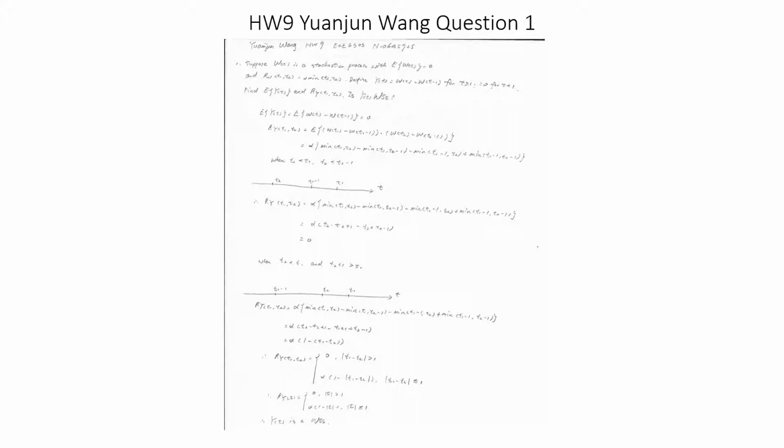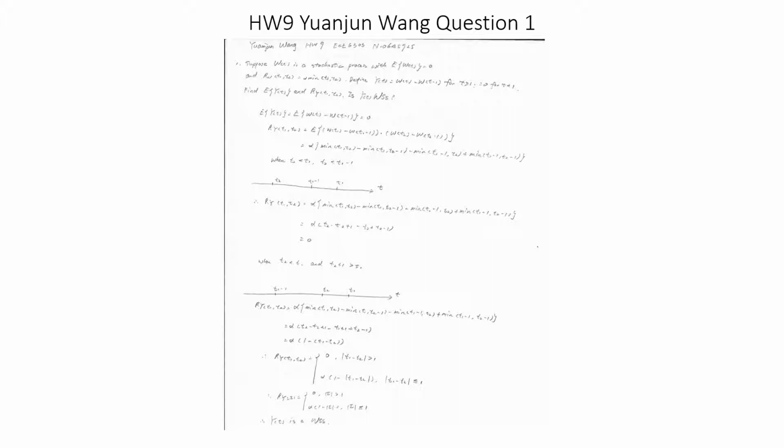Now, when t2 is smaller than t1 and t2 plus 1 is bigger than t1, we get the graph like this. Then we know that R_Y(t1, t2) is equal to alpha times the minimum of t1, t2, minus the minimum of t1, t2 minus 1, minus the minimum of t1 minus 1, t2, plus the minimum of t1 minus 1, t2 minus 1.